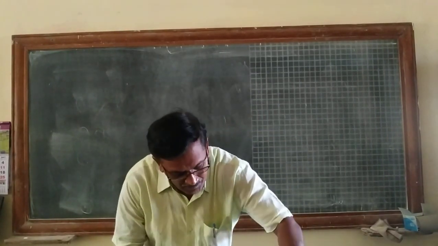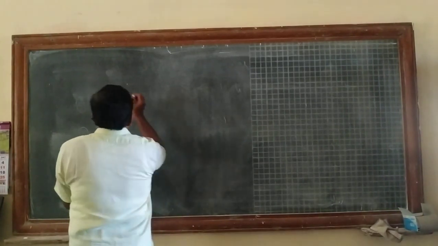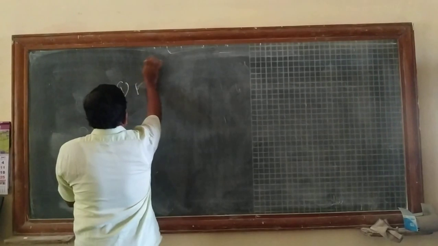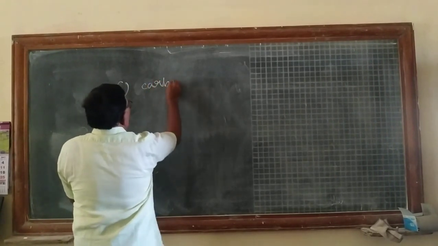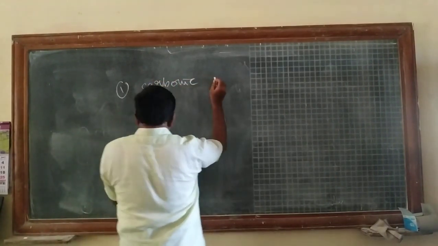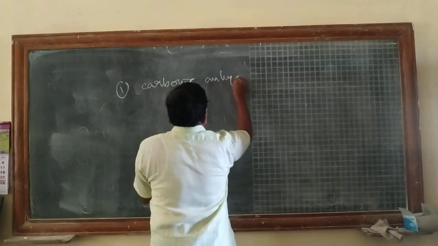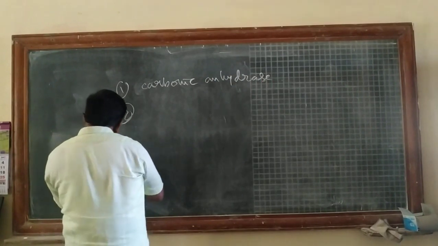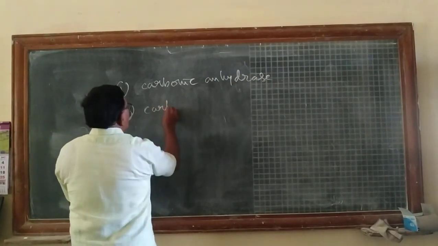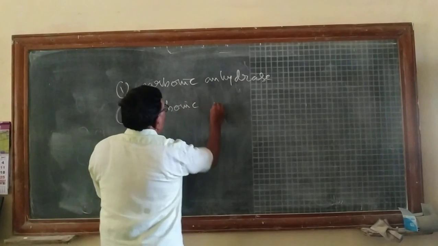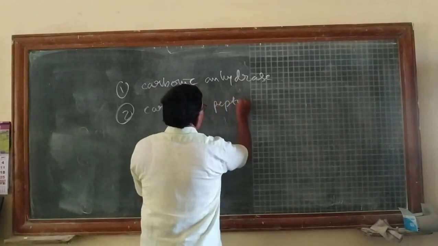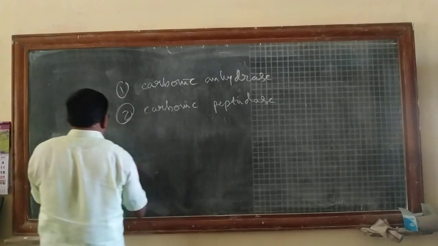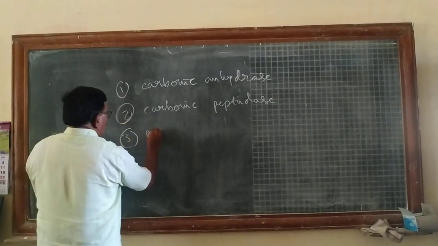The first one is carbonic anhydrase. The second one is carboxypeptidase. The third one is peroxidases.